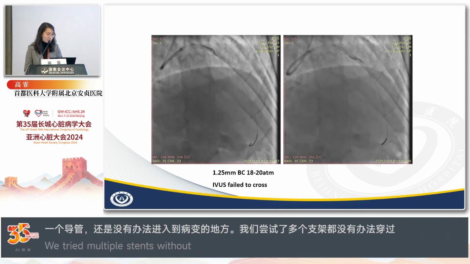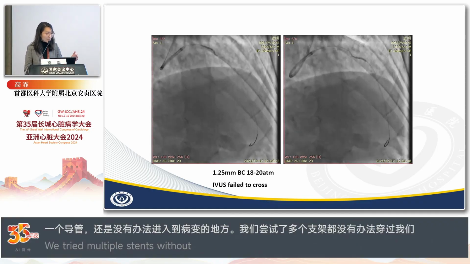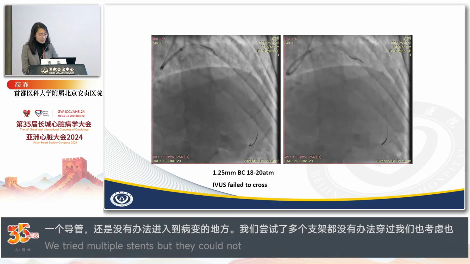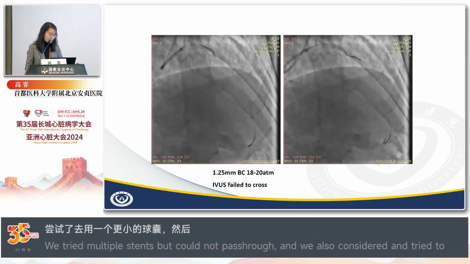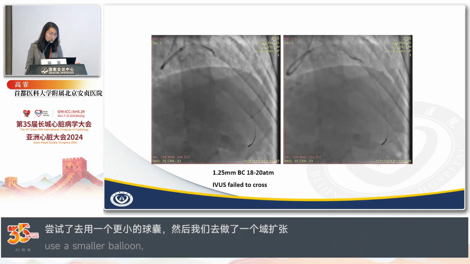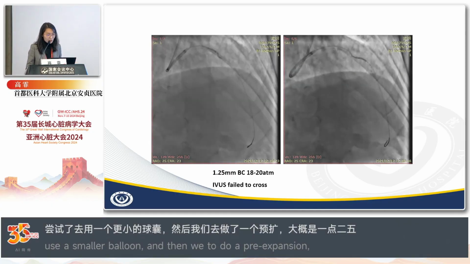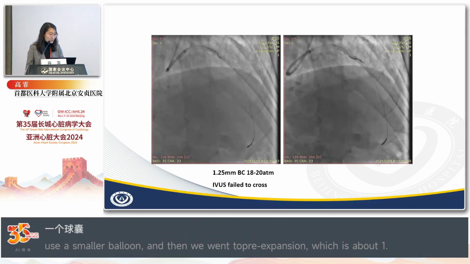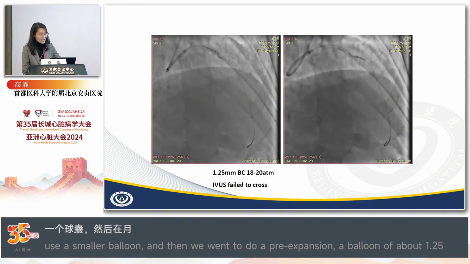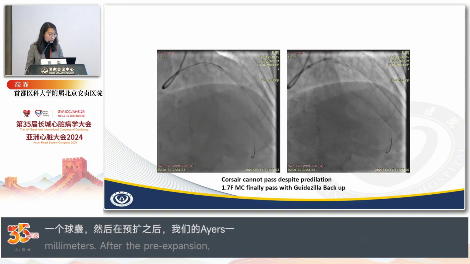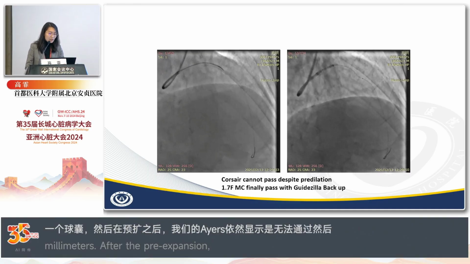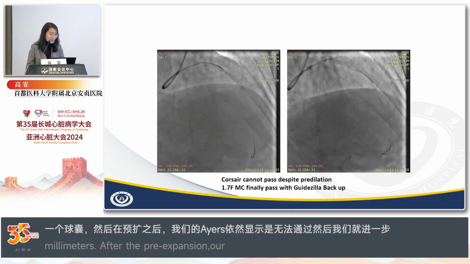We tried the smallest balloon that could pass, and we pre-dilated with a 1.25 millimeter balloon at 20 atmospheres. After dilation, the intravascular ultrasound still could not pass. We exchanged to the microcatheter, but Corsair still could not pass.